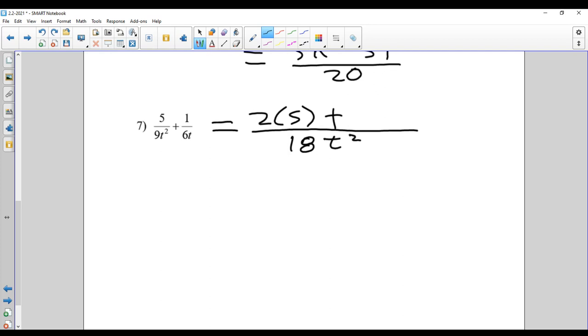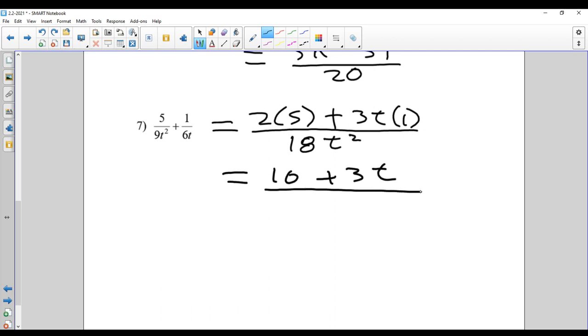Exactly what Angeli just said. So I'm going to multiply 3t by the 1. Of course, that's still going to be 3t. So we're going to end up with the following. 10 plus 3t over 18t squared. That's what we're going to end up with.